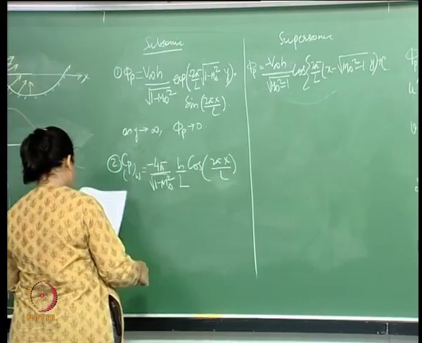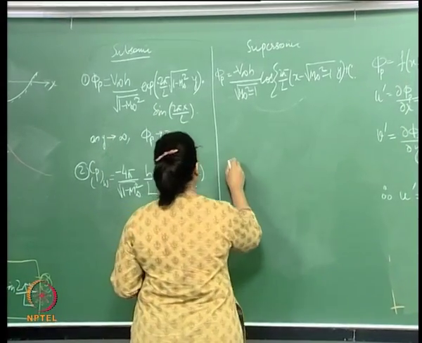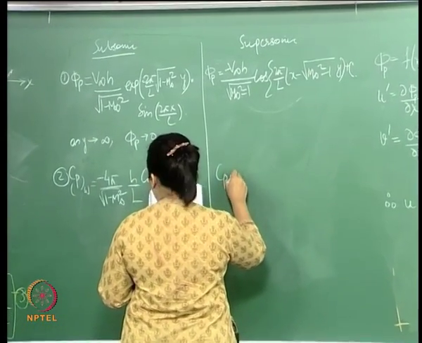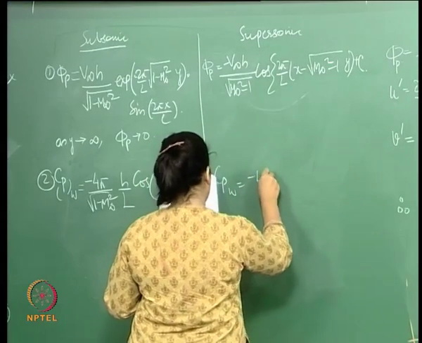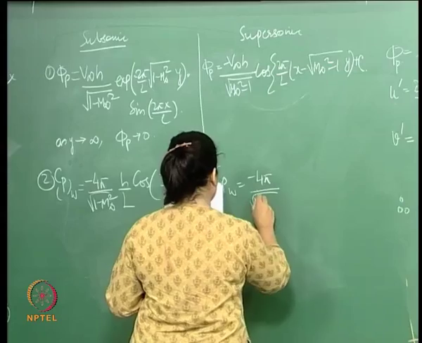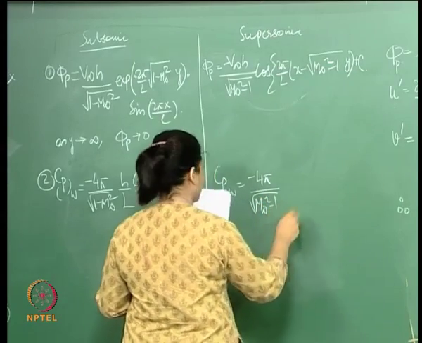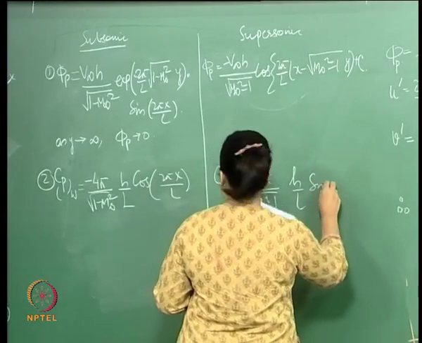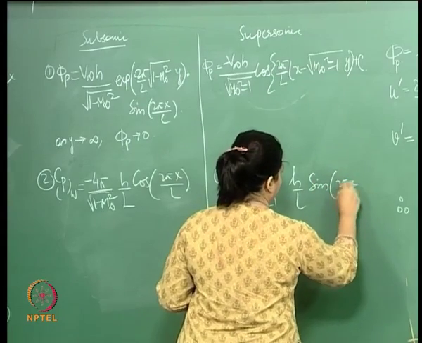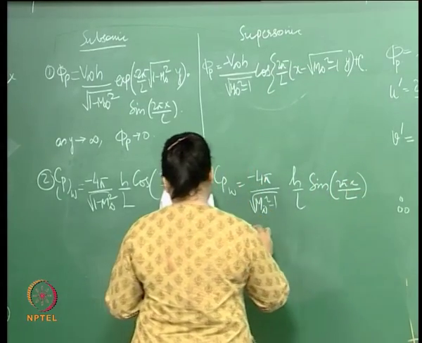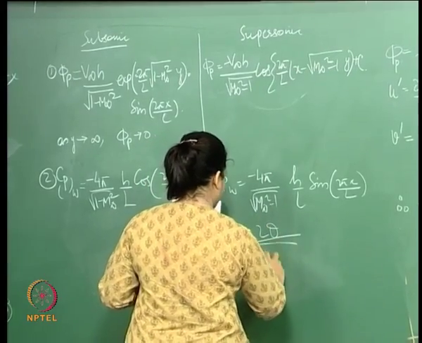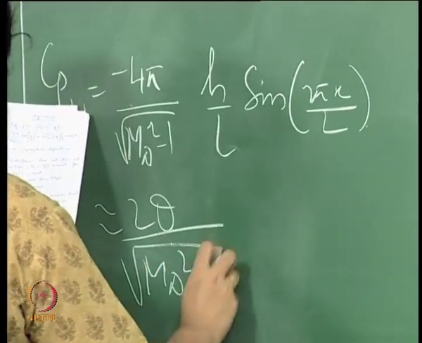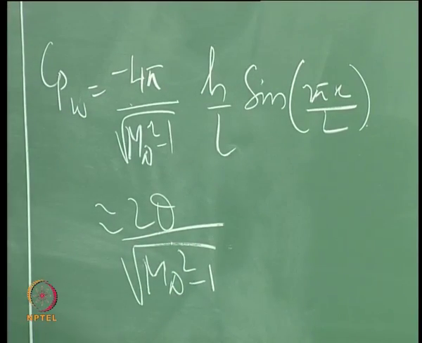On the other hand, here Cp at the wall looked like this, and this was also equal to this. So this is how the Cp looked.